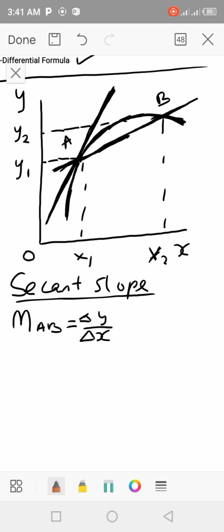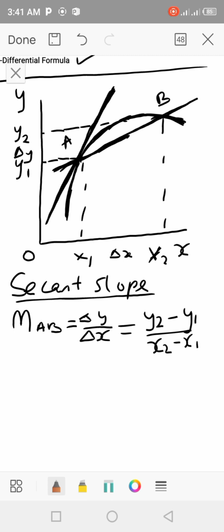Change in y over change in x, which is equal to y2 minus y1 over x2 minus x1. So the difference between x1 and x2 is change in x, and the difference between y2 and y1 is change in y.